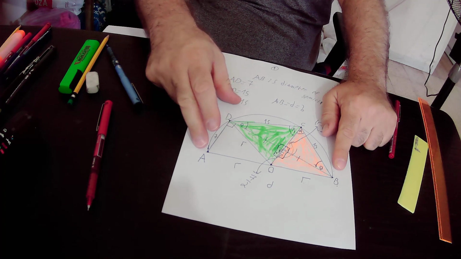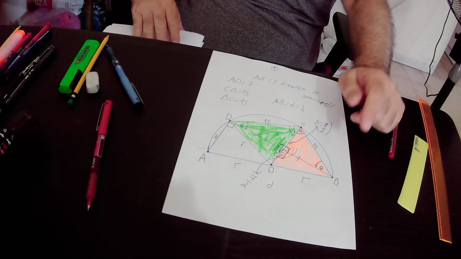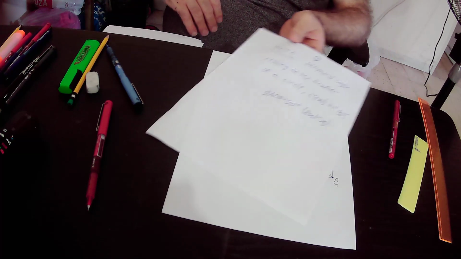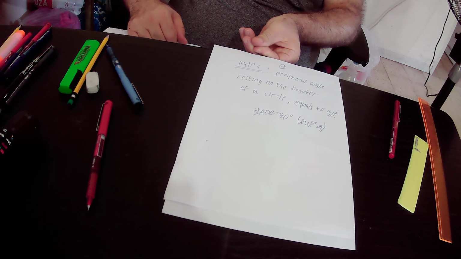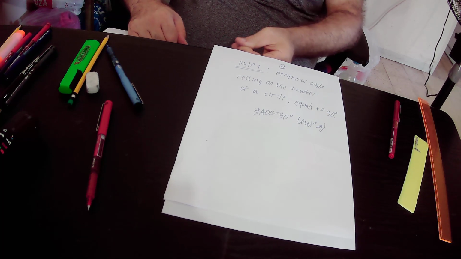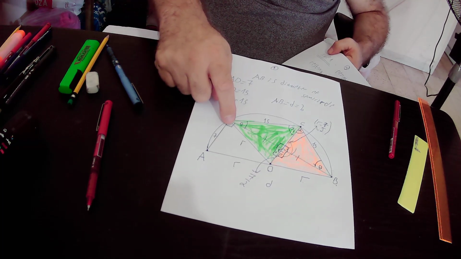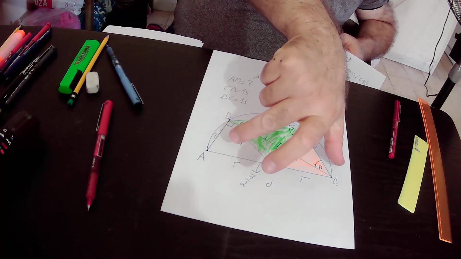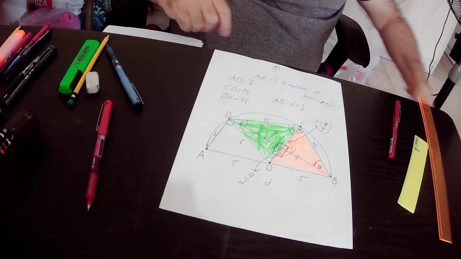Angle ADB equals 90 degrees according to rule number 1, which states that a peripheral angle resting on the diameter of a circle equals 90 degrees. Therefore, angle ADB equals 90 degrees according to rule number 1, because it rests on the diameter of this semicircle.